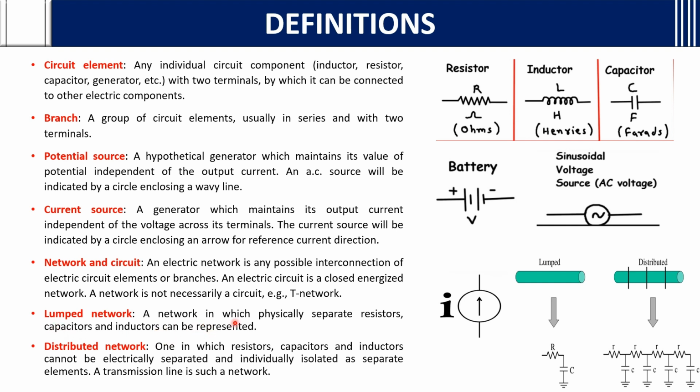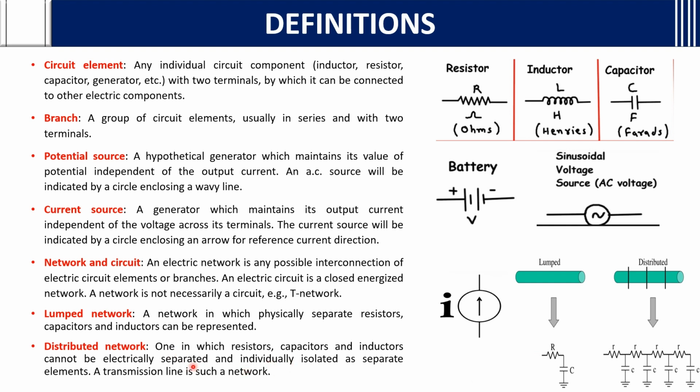Lumped network. A lumped network is a network in which physically separate resistors, capacitors, inductances can be represented. These are the lumped networks. Lumped networks mean R and C, different separate resistors or capacitors and inductors can be represented.